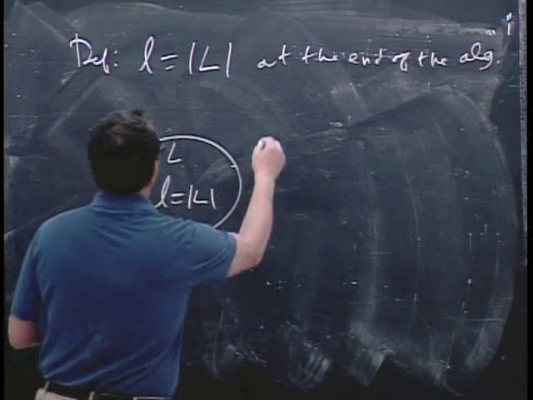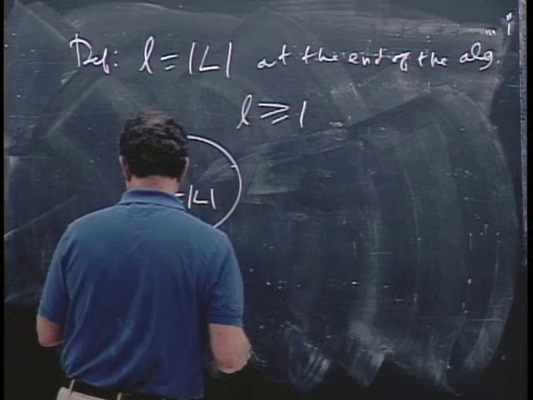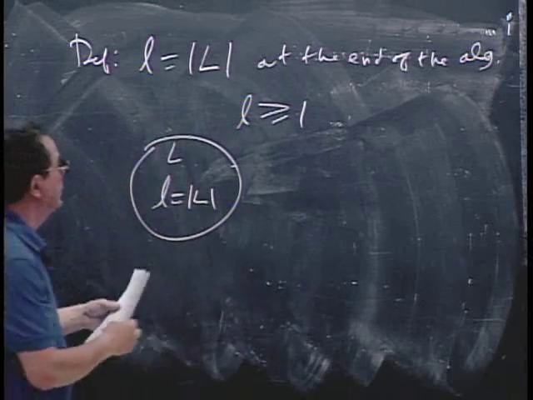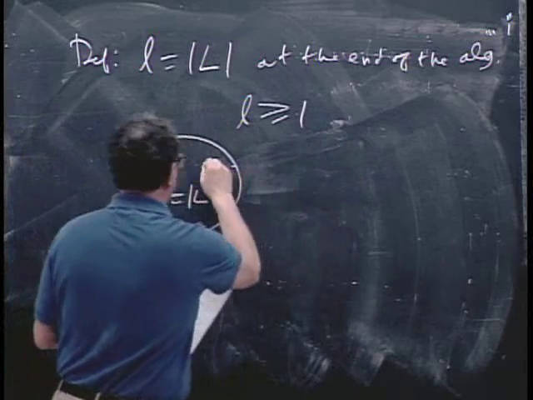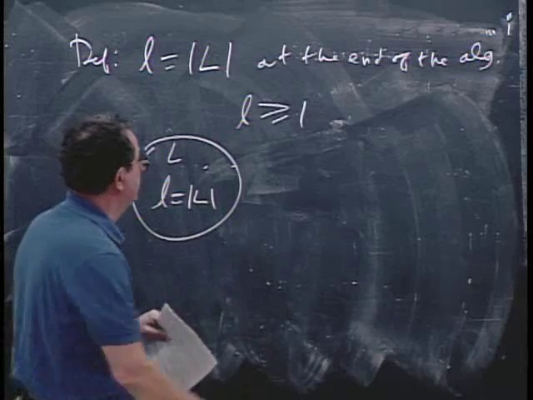Now, little l is greater than or equal to 1. Why is that? There's at least one element when we end up.